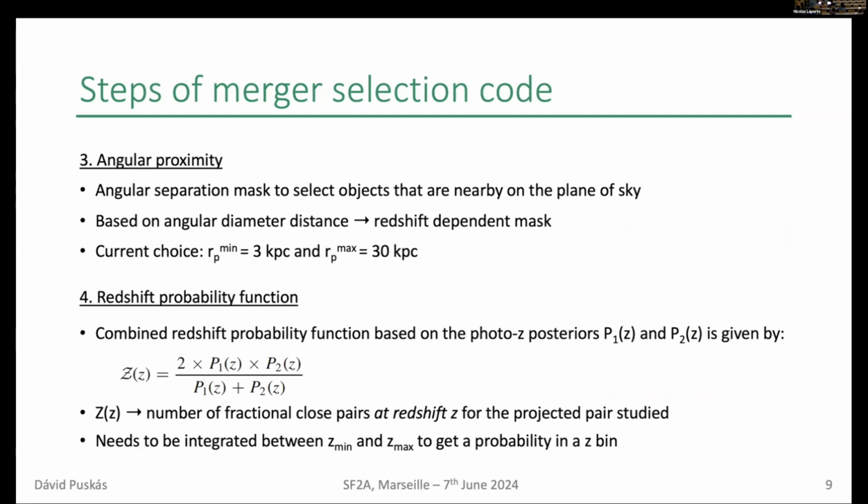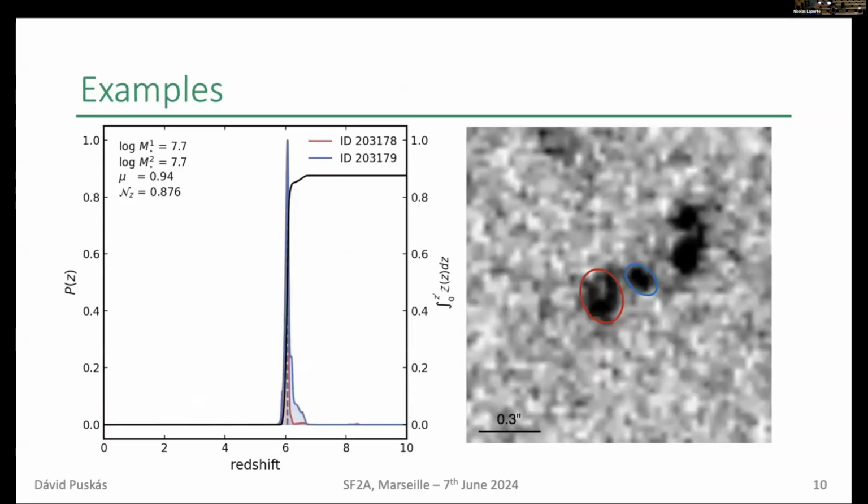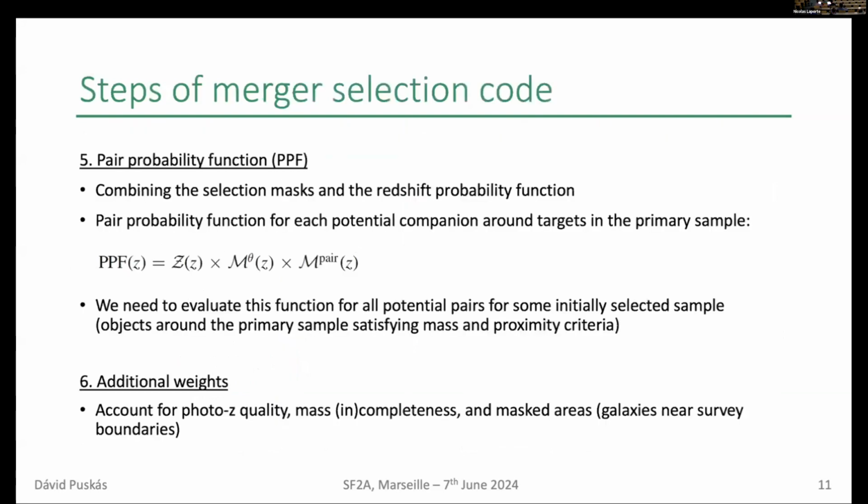This measures the probability of the 2 galaxies being at the same redshift. Here is an example of a redshift 6 system with very well constrained photometric redshifts, and they have similar masses, so we are quite confident that these are close pairs.